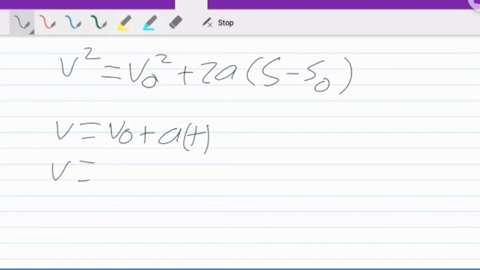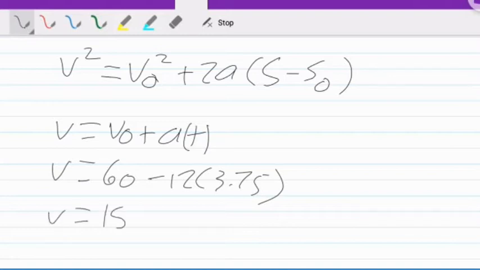So v equals 60 feet per second minus 12 times 3.75 seconds. So whenever these two velocities are equal, they're going to be going at a rate of 15 feet per second.